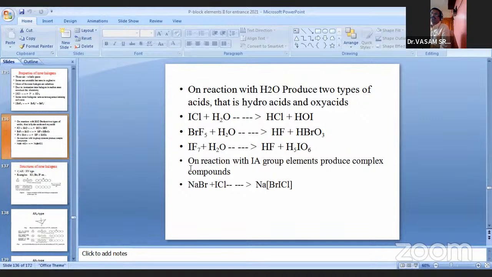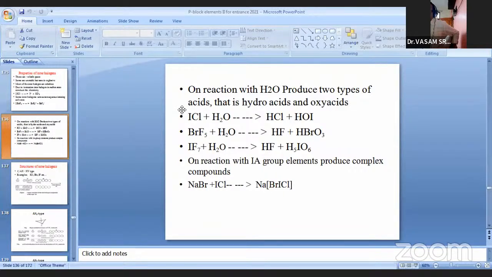But in the case of interhalogens, when dissolved in water, they produce 2 types of acids, one hydro and the second oxy. Now come to the example ICl. Dissolved in water, or treated with water, it produces HCl and HOI. ICl is I+ Cl-, indicating chlorine is more electronegative, Cl-.